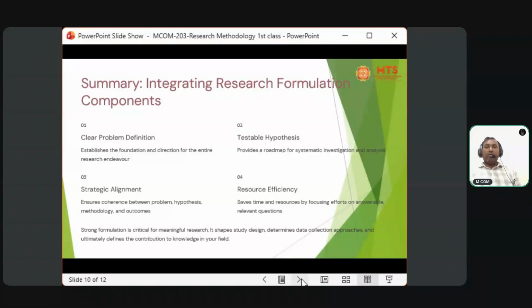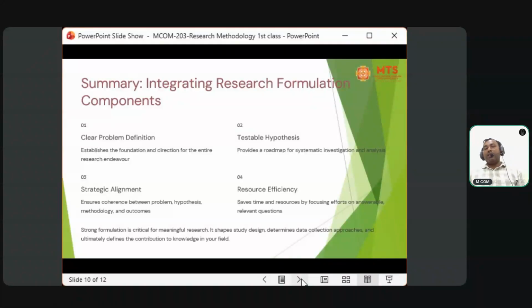Okay, so now the summary of integrating research formulation components. First is clear problem definition, establishes the foundation and direction for the entire research endeavor. Second is testable hypothesis, provides a roadmap for systematic investigation and analysis. Third, strategic alignment, ensures coherence between problem, hypothesis, methodology, and outcomes.